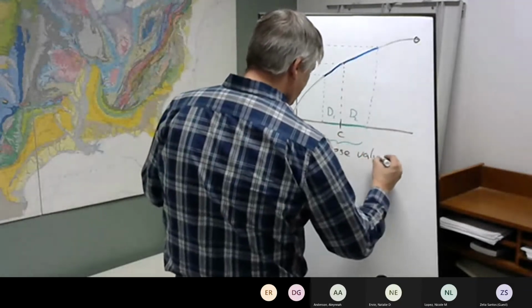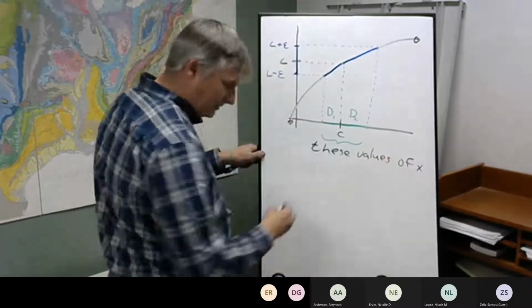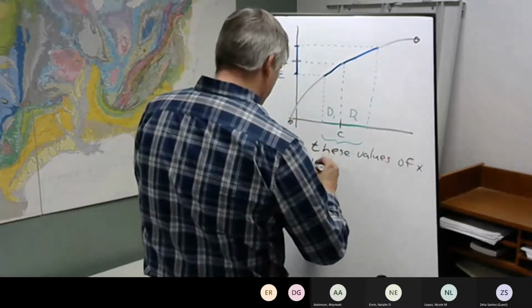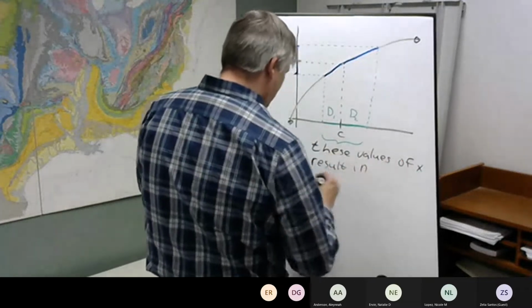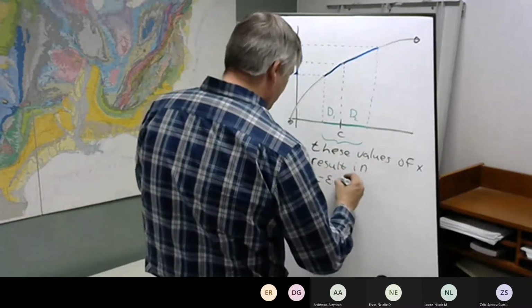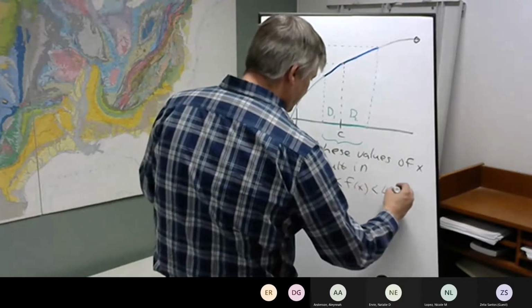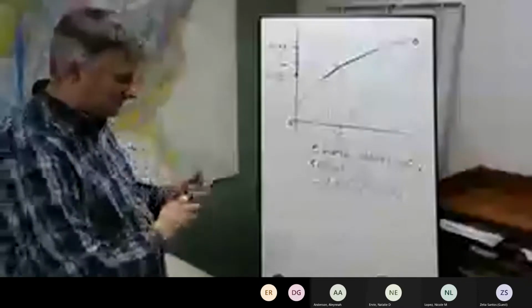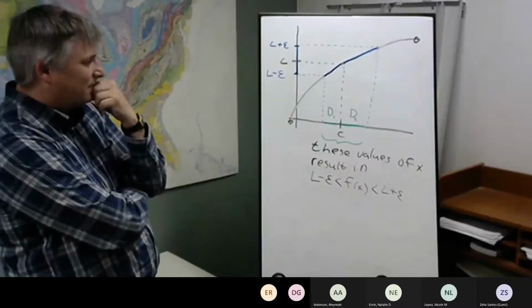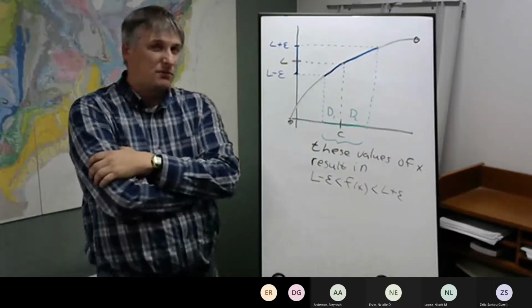These values of x result in L minus epsilon less than f of x less than L plus epsilon. So questions about that so far?